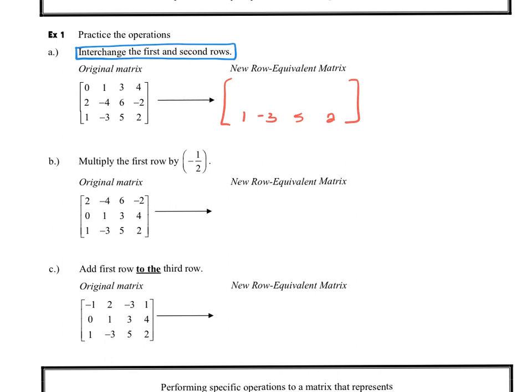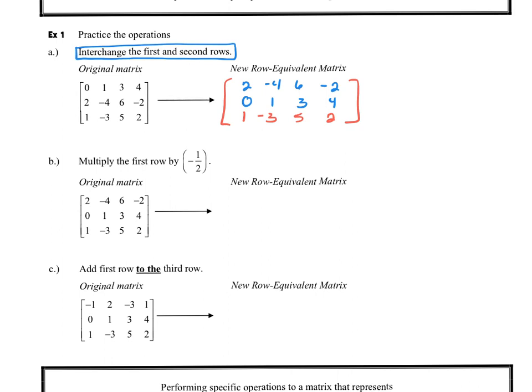So all we need to do is interchange them. The second row becomes the top row, 2, -4, 6, -2, and the second row will become what the first one was. So 0, 1, 3, and 4. And that's it. That's all exchanging two rows would look like.